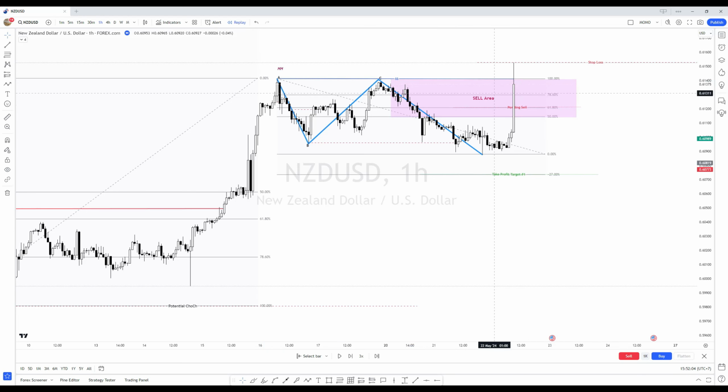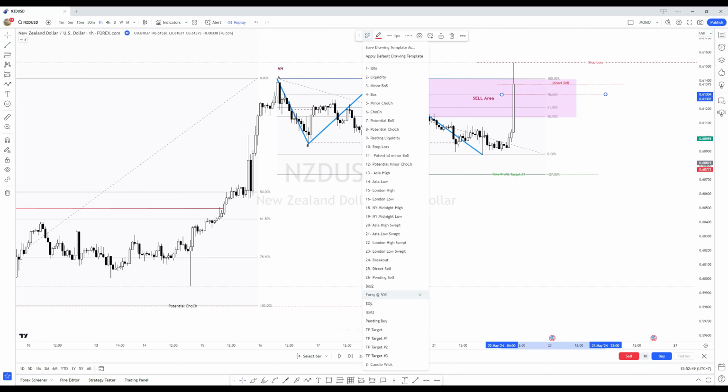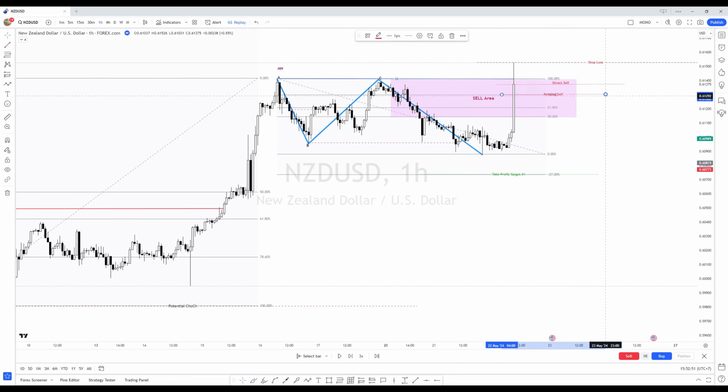As for my entry, I have two choices. Now the price, or this candle, closed above the 78.6% level. So I have two choices: to have a direct entry from here, which is a direct sell, or I place a pending sell at 78.